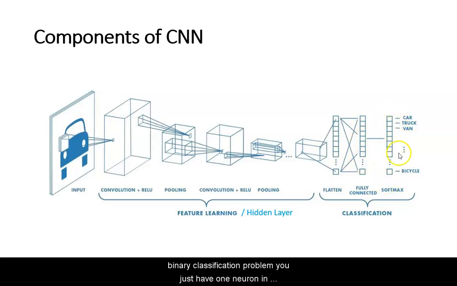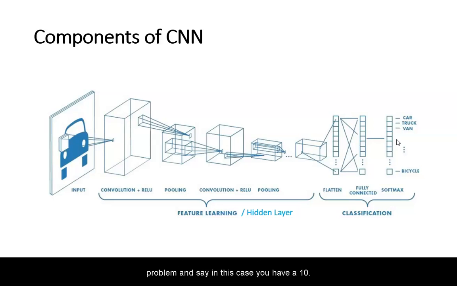So if you have a binary classification problem, you just have one neuron in that output layer. Whereas if you are doing a multi-class classification problem, and say in this case you have 10 outputs, you have 10 neurons in the output layer.